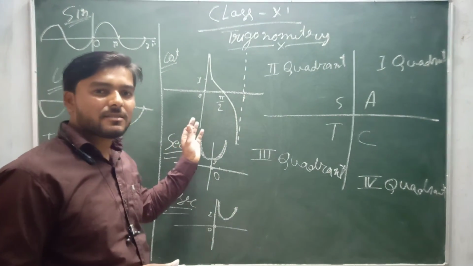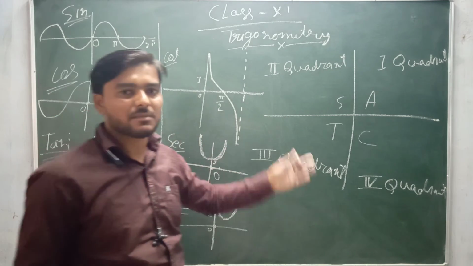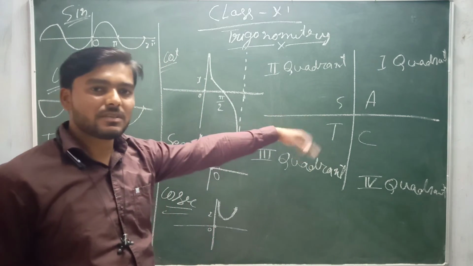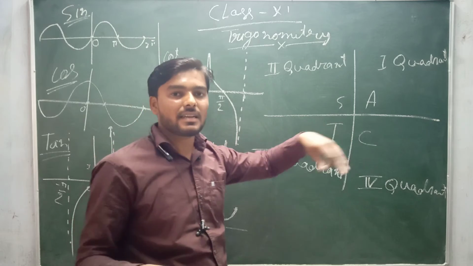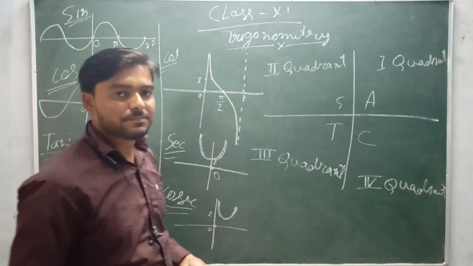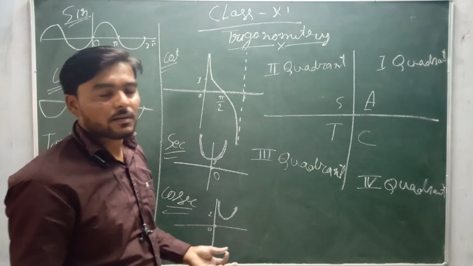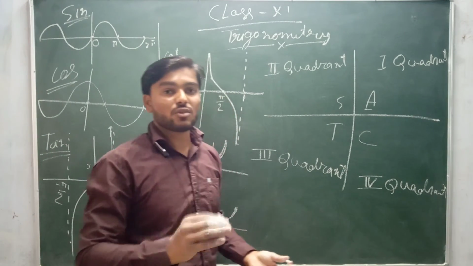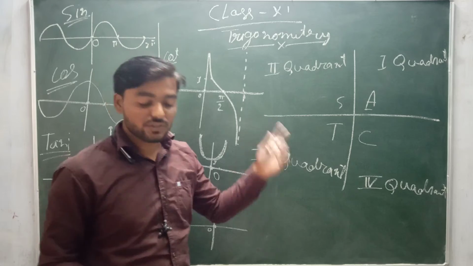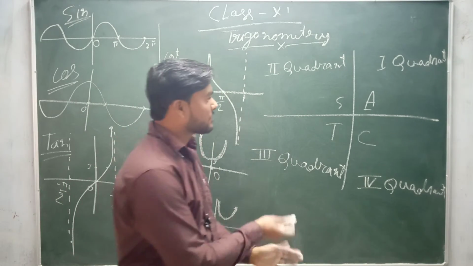For elaborating everything, it will take time, so you can take it directly. ASTC. A means all. All 6 trigonometric functions will be positive in the first quadrant.